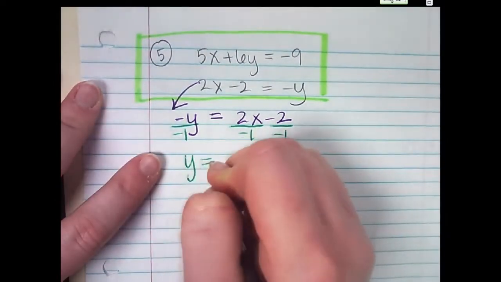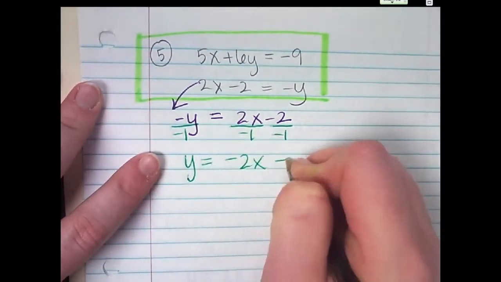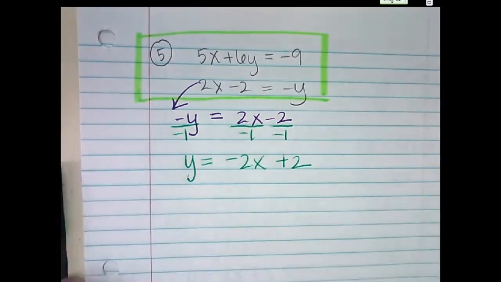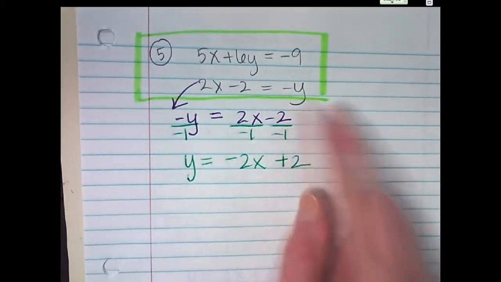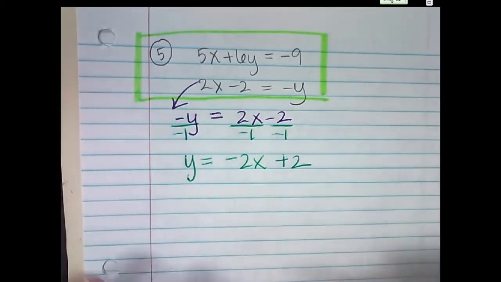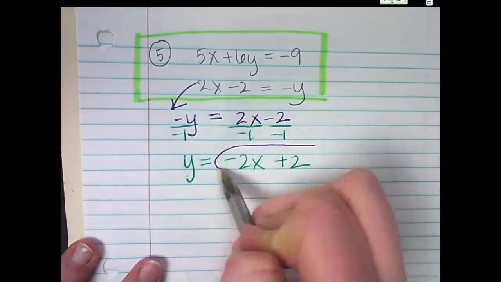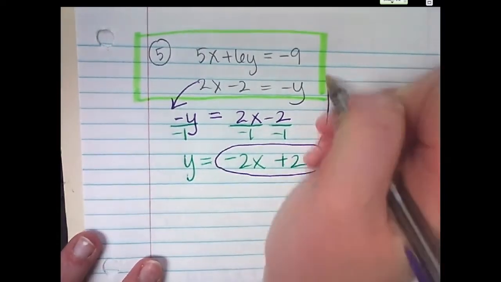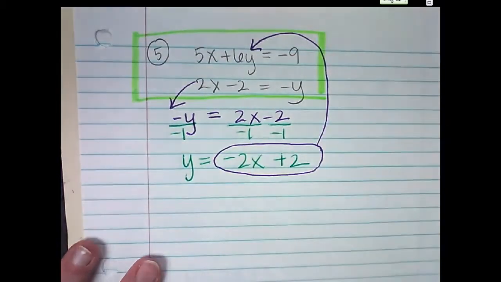So y equals -2x plus 2. And again, you don't have to flip sides. You can leave the y over there and divide, whatever works for you. So I take this whole thing and I put it into this y right here.